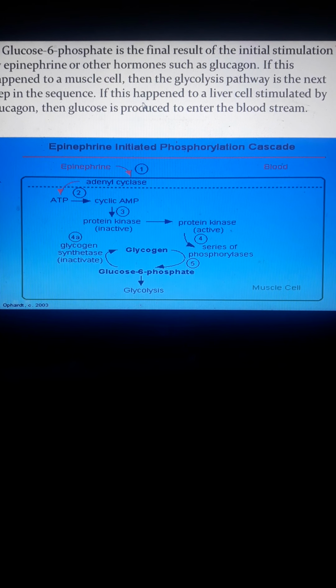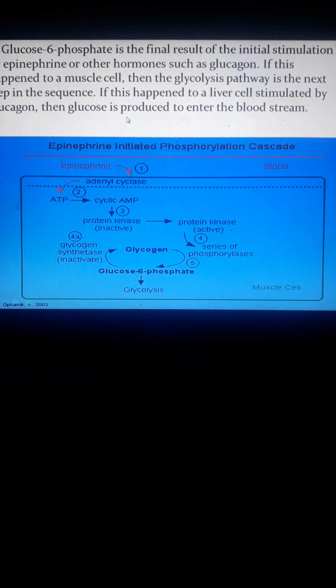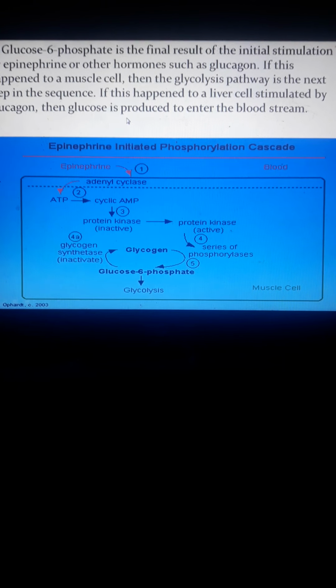Okay? Then the glycogenolysis pathway is the next step in the sequence. If this happens in a liver cell stimulated by glucagon, glucose is produced to enter the bloodstream, because it comes from the breakdown of glycogen to glucose. So, it enters the bloodstream already.